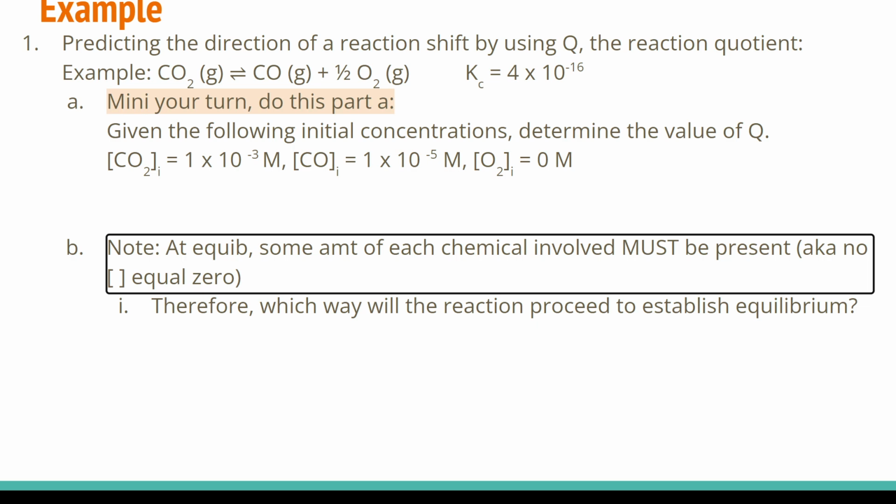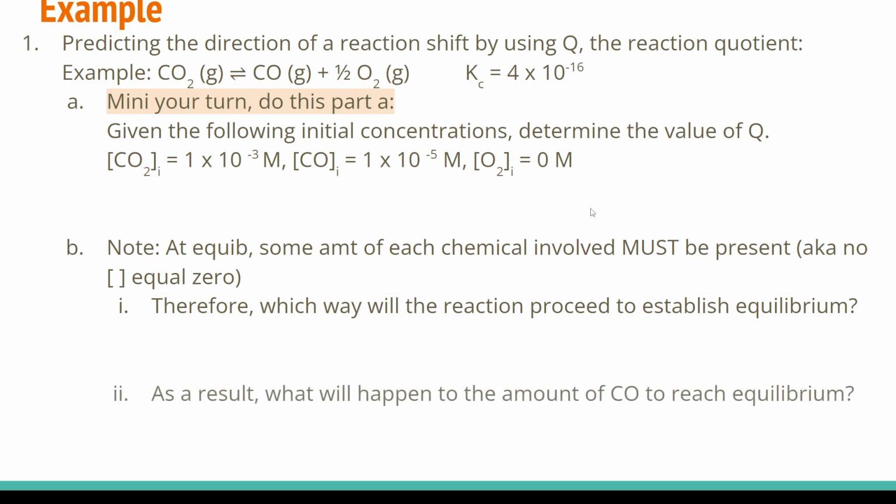And so Q is less than K currently, because Q is 0, K is 4 times 10 to the negative 16. And so that means that I need to increase the products, because if the value is smaller for Q, that means my numerator, the top part of the ratio, is not as big. And so that's why I have to go towards the product side. So I'm going to increase that forward rate.